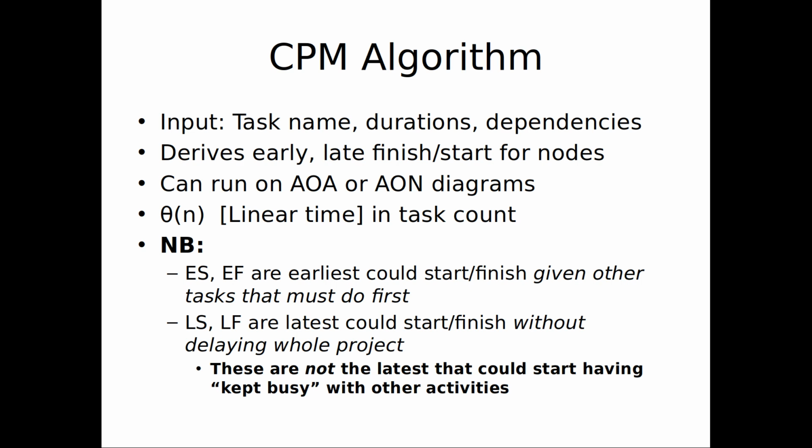So the CPM algorithm, I need you to know what it requires, what it gives us, what it outputs, and I need you to know basically how it works in terms of the two passes that are involved. What does it compute on each pass? Okay? So the input to it is quite simple. It's an identification of the tasks, such as their name, their durations, and their dependencies on one another.